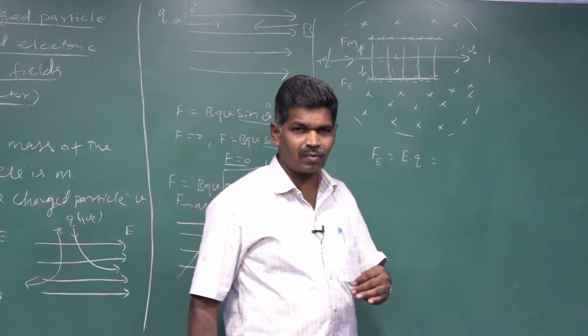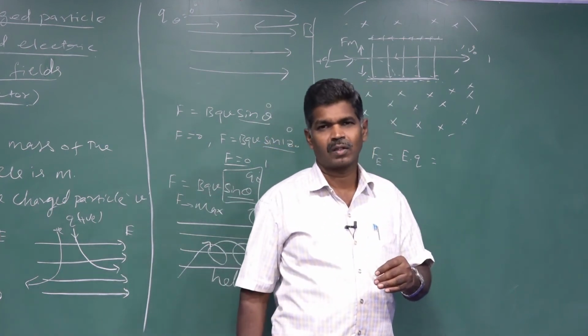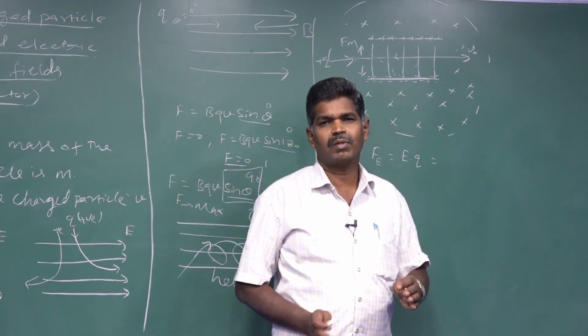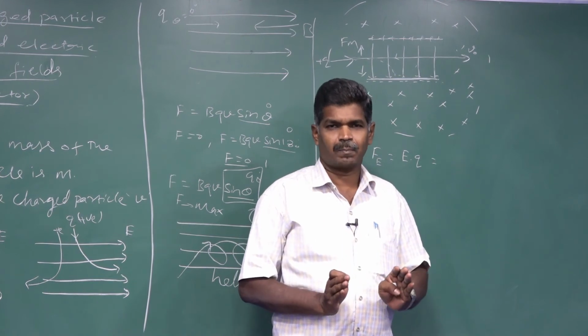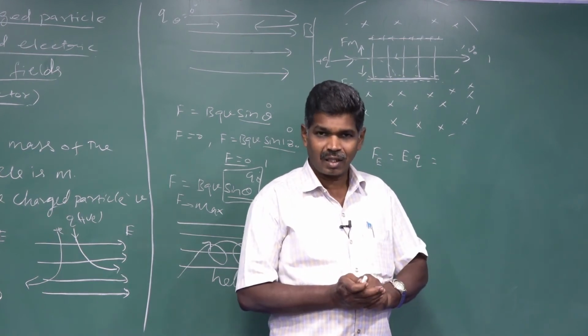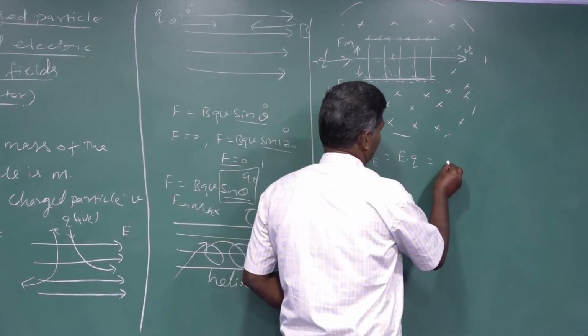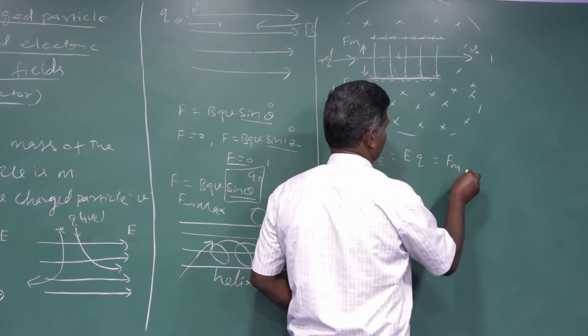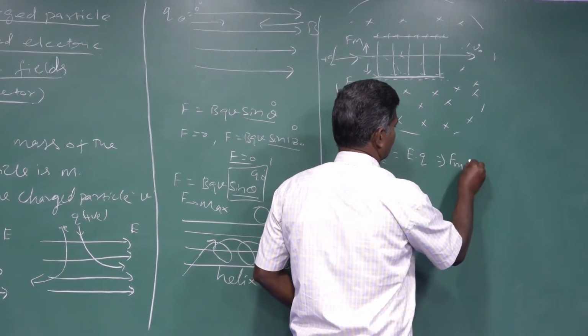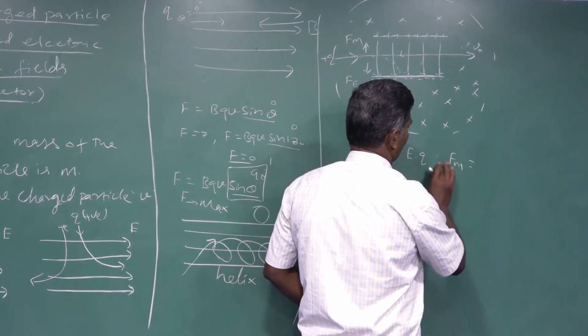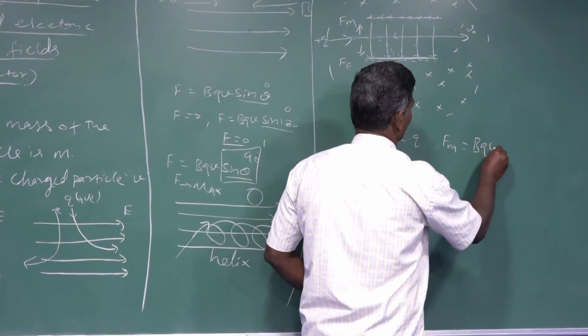We know the formula for the magnetic Lorentz force is F equal to BQV sin theta. Here theta value is 90, sin 90 becomes 1. That is Fm. Then Fm is equal to BQV alone.